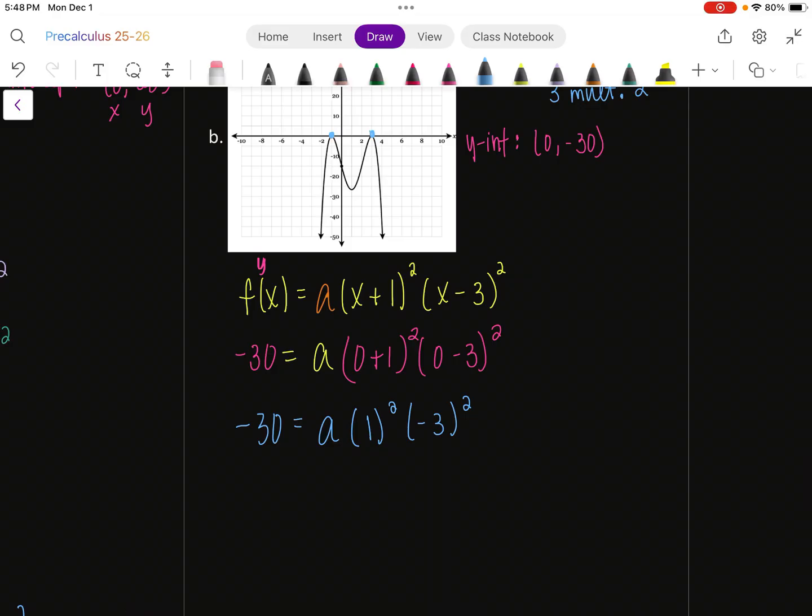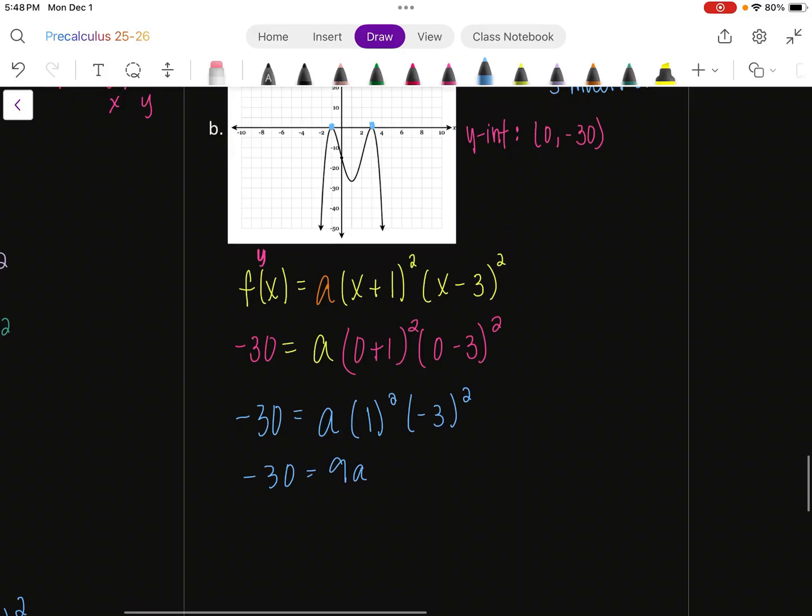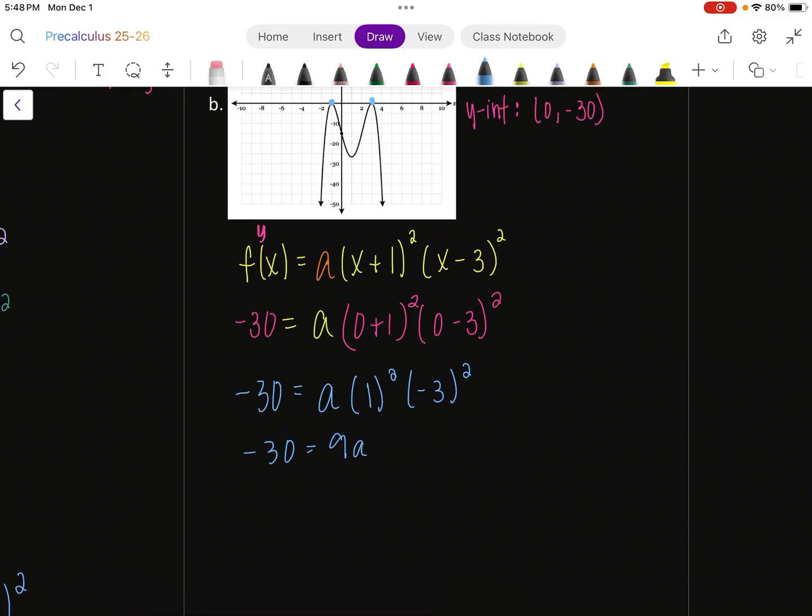So in my calculator here, or you can use your calculator to negative 3 squared is 9. 9 times 1 squared is 9. And then is equal to 30 divided by 9.